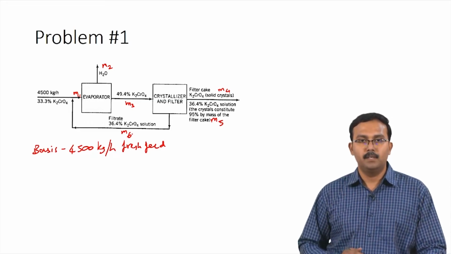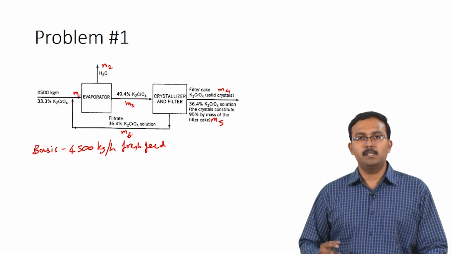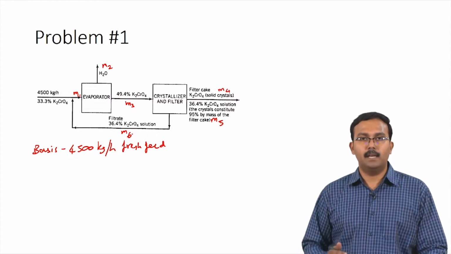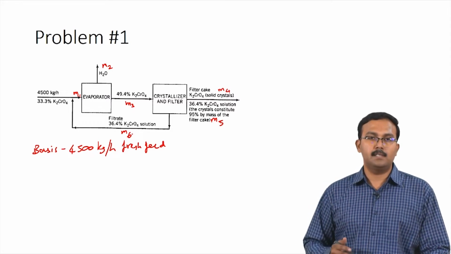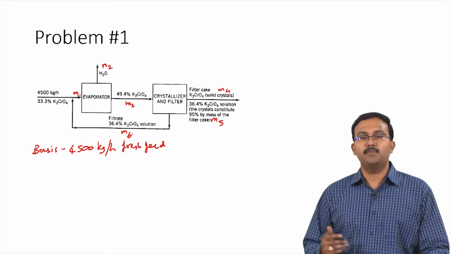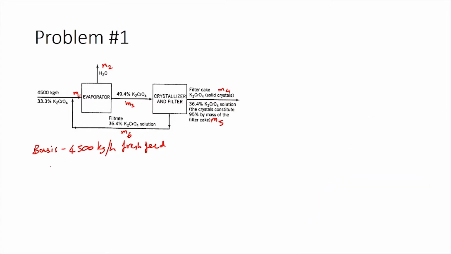Now that we have labeled these streams, let us look at which systems to choose and what balances we can perform. For most systems we always start with overall balance. So we will take the overall system and start writing the balances for it, the total mass balance and the mass balance for potassium chromate.